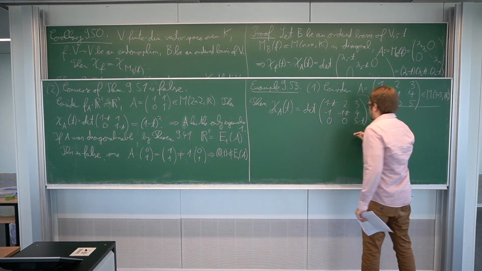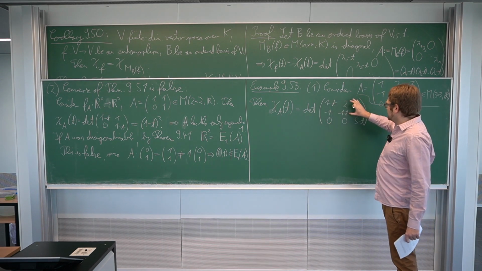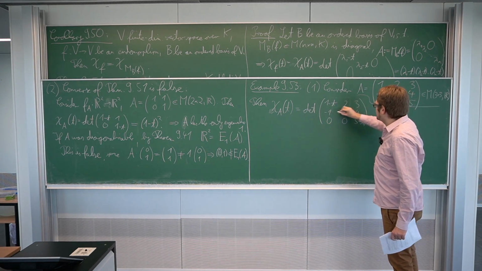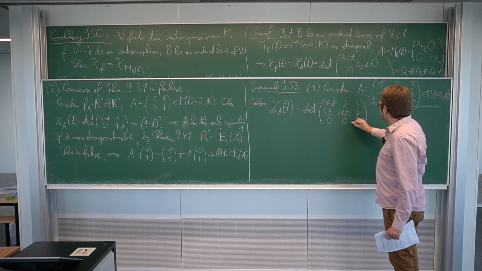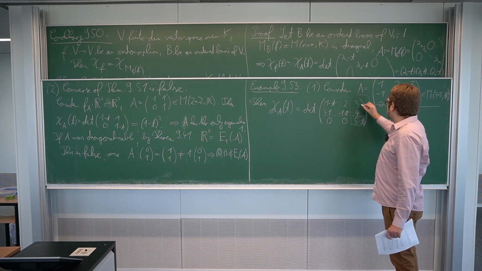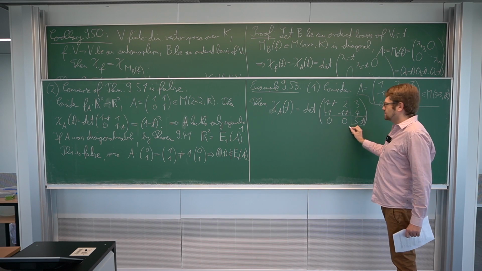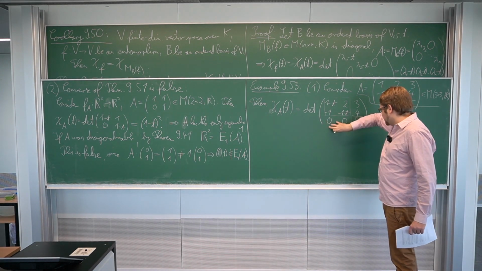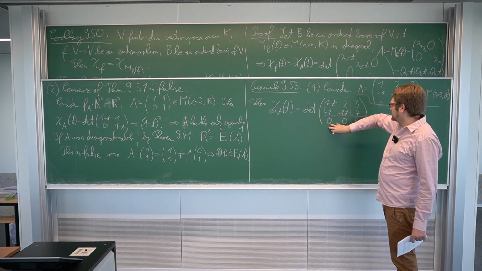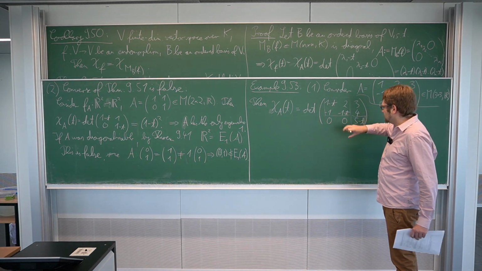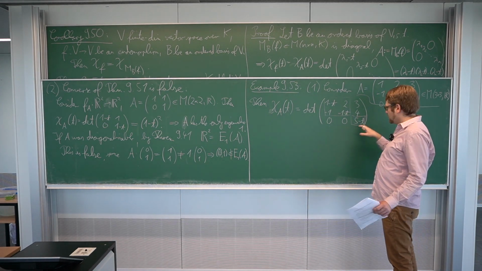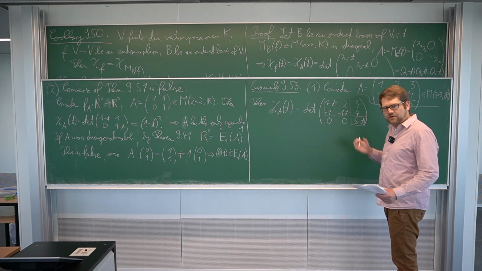Because if we write this as block matrices, we have one block here. This is something irrelevant, and this is 0. This was precisely the form where we had the determinants: if we have only zeros in the bottom left block, the determinant is the determinant of this block times the determinant of this one, and this is a 1 by 1 matrix, so it's just this number.